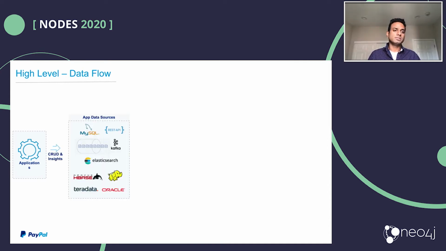Document data can go into Elasticsearch, HBase, or MongoDB, or any other form of Elastic search capability. And we have all these logs going into various message buffers like Kafka. And there are also APIs that are now being treated as data ecosystem. So how do we tap into all of this and then unify them?